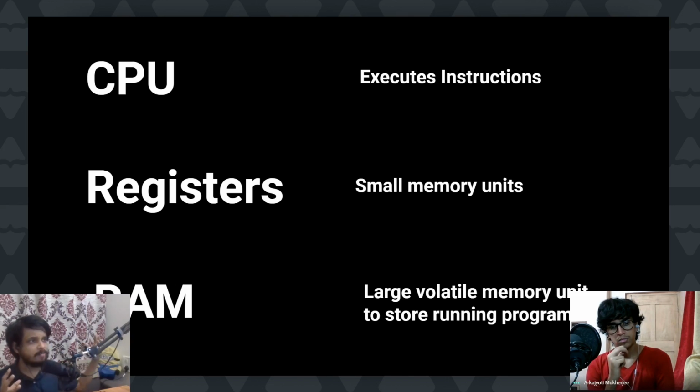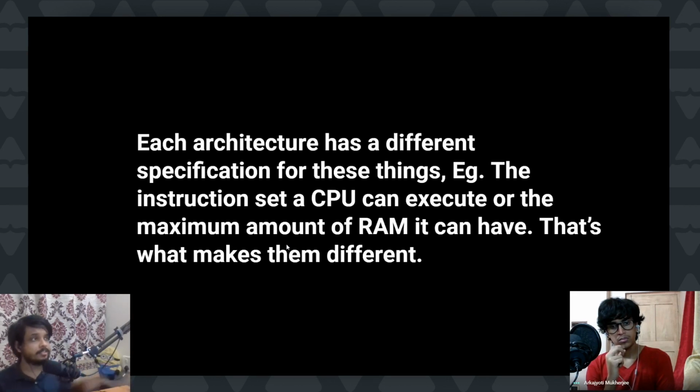There can be buses, there can be video memory, there can be other components that make up a complex architecture. But these are some common components that every architecture has. So the way we differentiate architectures, like x86 is different from, let's say, AMD64, is that the instruction set may be different.